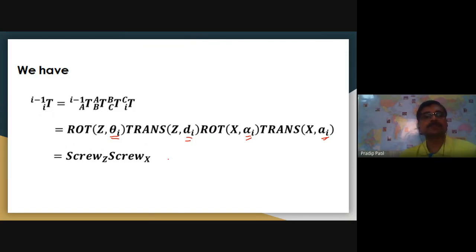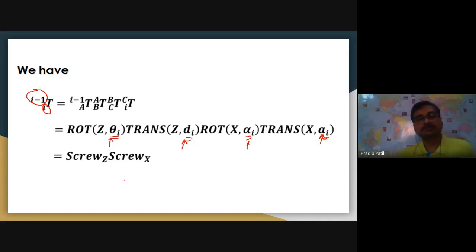I'm just showing how relevant these parameters are in finding the transformation. Suppose I want to find the transformation of frame i with respect to frame i minus 1. When one frame has to be transformed to the second frame, that requires four parameters: parameter 1, parameter 2, parameter 3, and parameter 4.